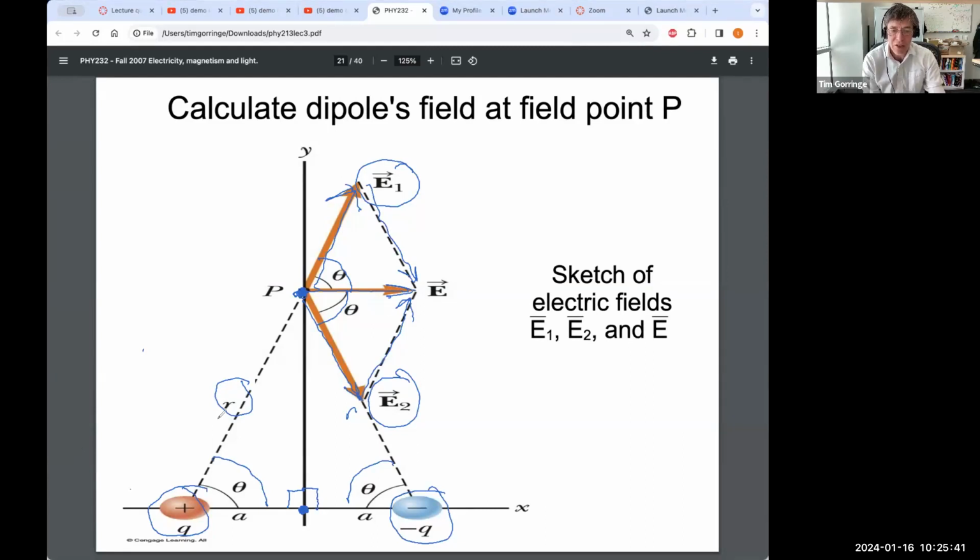And it's in the same direction as the direction from the positive to the negative charge. That's what I've drawn here. So on the next slide, I'm going to try and calculate the size of this electrical field. So let's see how we do that.